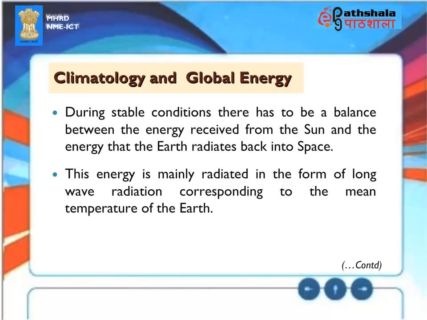During stable conditions, there has to be a balance between the energy received from the sun and the energy that the Earth radiates back into space. This energy is mainly radiated in the form of long wave radiation corresponding to the mean temperature of the Earth.